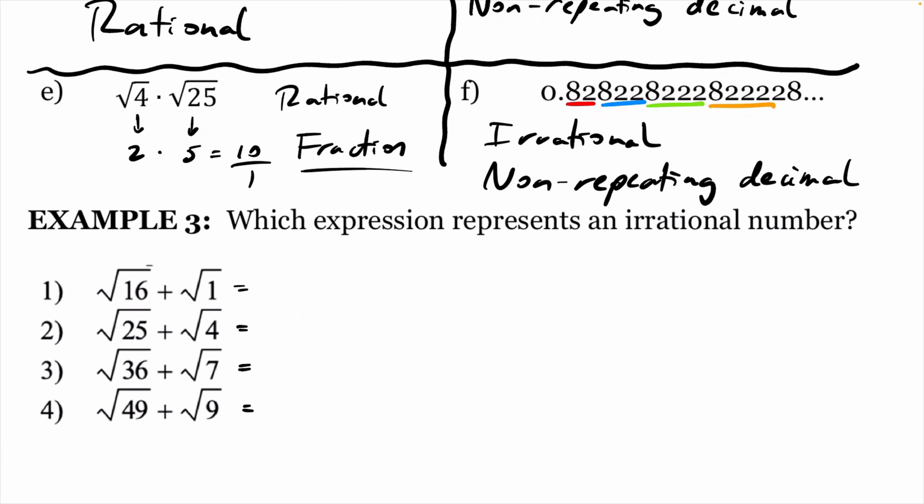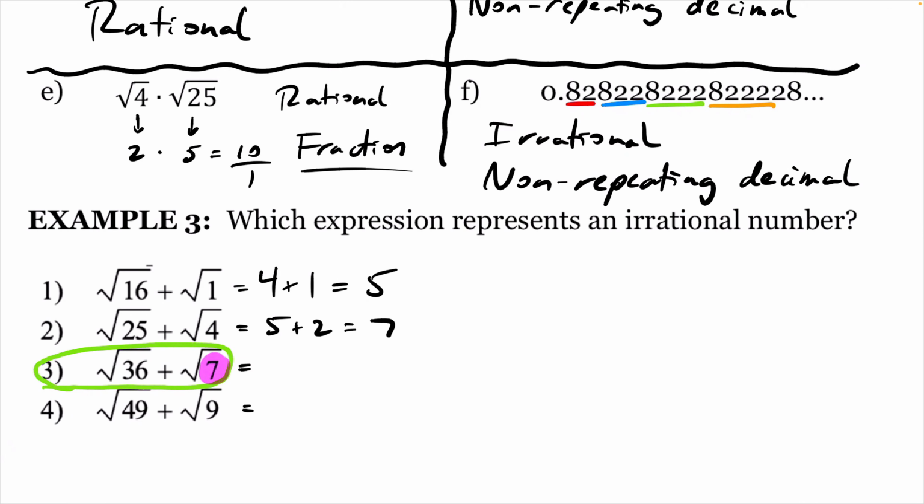Yeah, why C? You're right. C is the dead giveaway. Why is C the dead giveaway? This guy right there. 16, 1. Those are all perfect square numbers. So really this is 4 plus 1, which is 5. That's rational. 25 plus 4. Square root of 25 is 5 plus 2, which is 7.